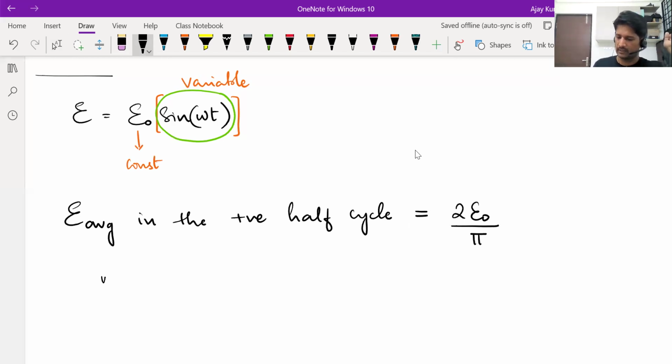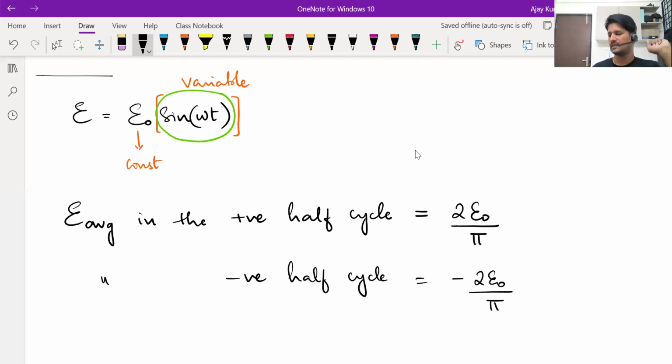And similarly, in the negative half cycle it will be minus 2 E naught by pi. Okay, Isha, is this clear? Yes, sir. So remember, you need to memorize this. For the sine function, generally it is 2 by pi for the entire positive half cycle. If you multiply that with any constant, the average also gets multiplied with that constant.